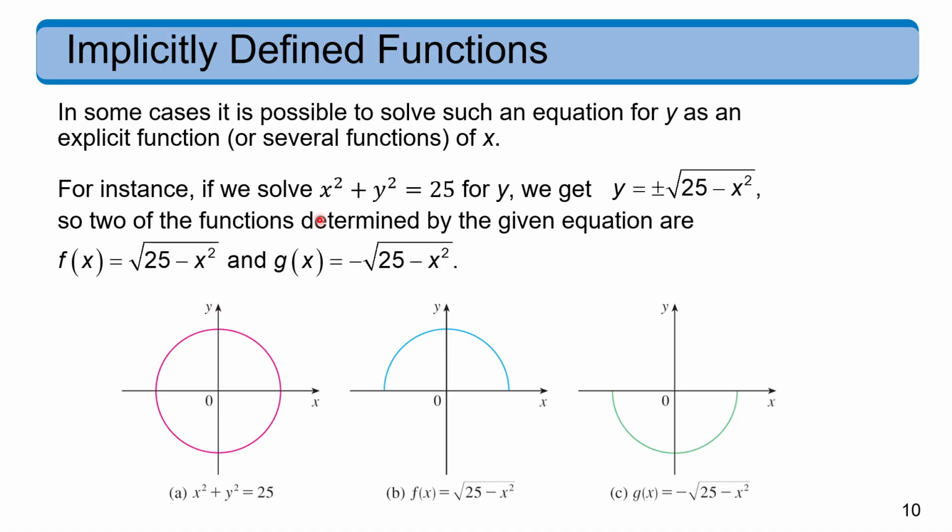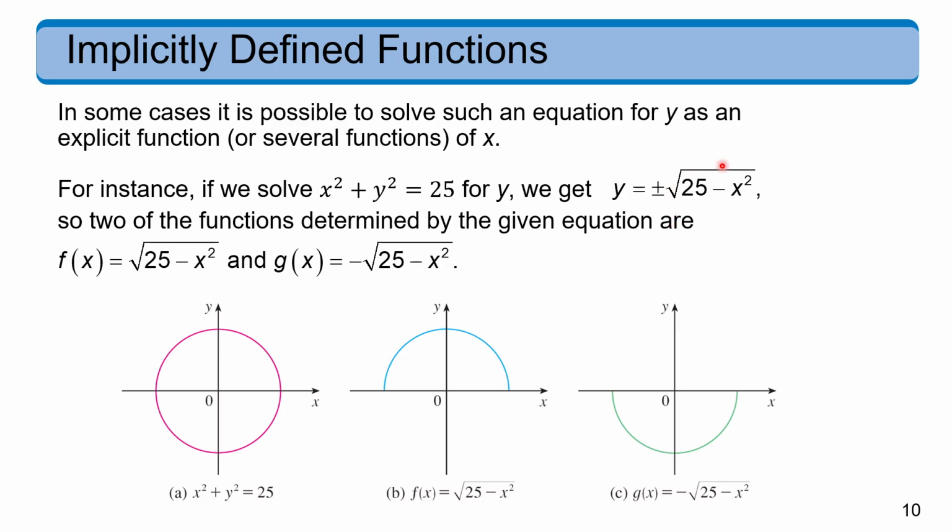Now we're going to consider this equation we just saw on the previous slide, x squared plus y squared equals 25. We've already said that's an implicit equation. It defines y implicitly as a function of x. If we tried to solve this for y, we would start by subtracting x squared from both sides and then take the square root of both sides.